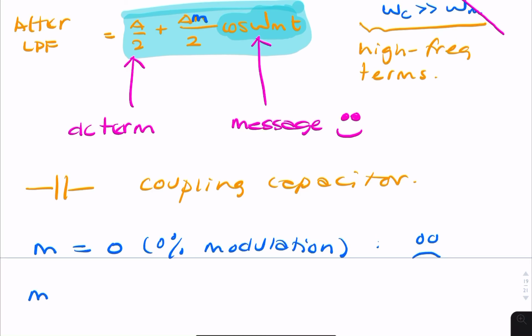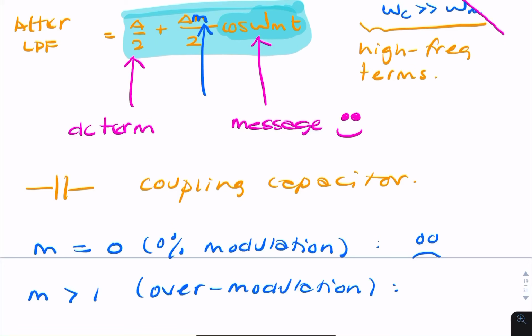But what about if m was greater than 1? This is what we call overmodulation. Would we still be able to recover the message? Well, in this expression here, it doesn't really matter what the value of m is. m could be 1, 1.5, 2. It doesn't matter. We can still recover the original message.